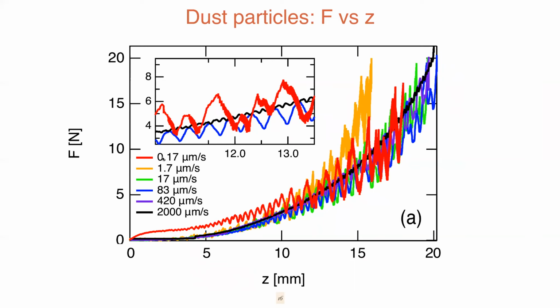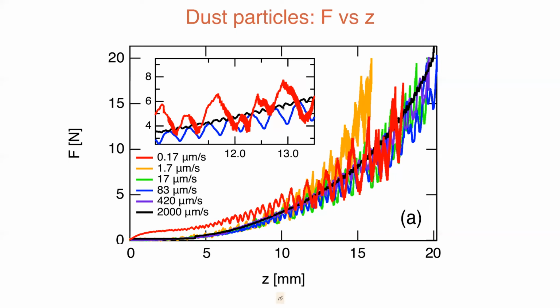So we went from very low compression rates to very high compression rates, from micrometers per second to millimeters per second. And you can see that the mean value is basically the same, but what increases is the amplitude of the oscillations. So for small compression velocities, you have very large oscillations, while for fast compression rates, you have very small oscillations.